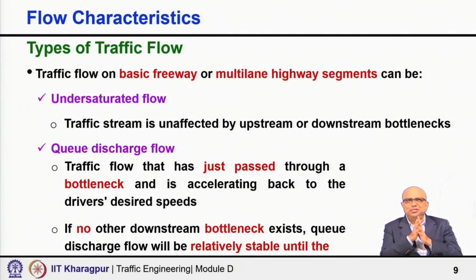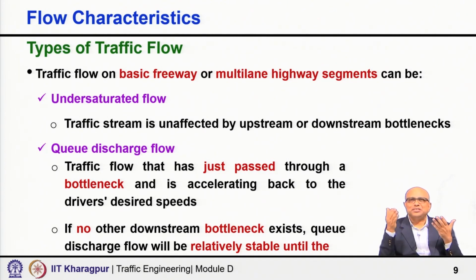Under that situation, whatever discharge we get through section B is called queue discharge flow. I will mention it again in the next slide. I have also indicated to you earlier that this queue discharge rate is generally slightly lower than the capacity, because it is discharging from the queue or forced flow condition.